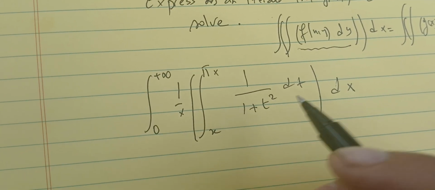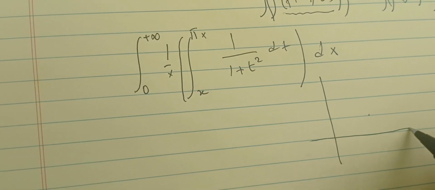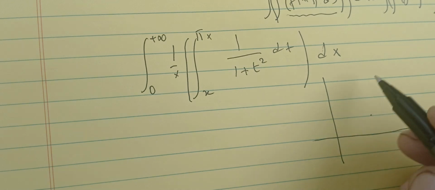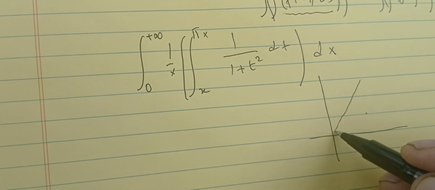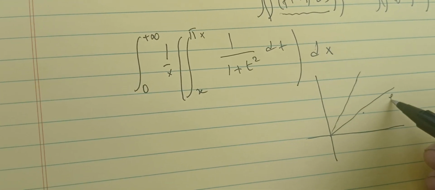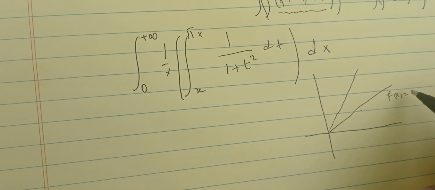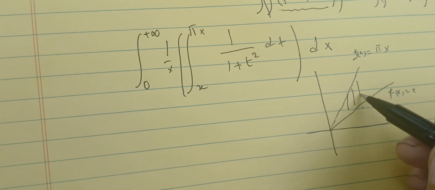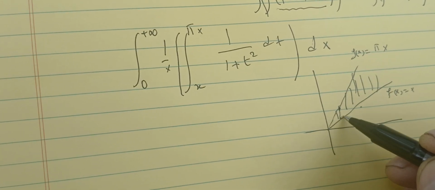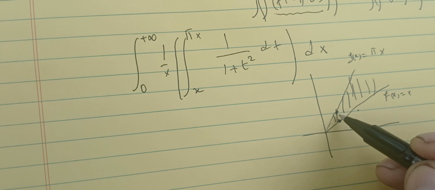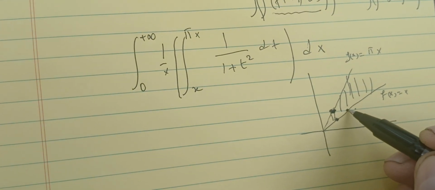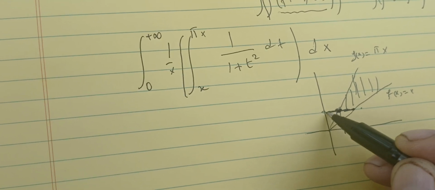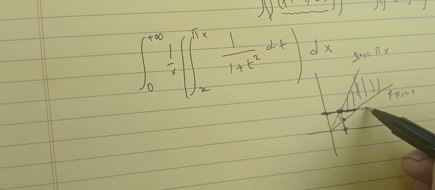Here we see that if we find our domain, x is changing between 0 and plus infinity, and y is between these two functions. Our first function is f of x equals x, and the second g of x is pi x. So y is changing between these values. Now we want to fix y and change x.